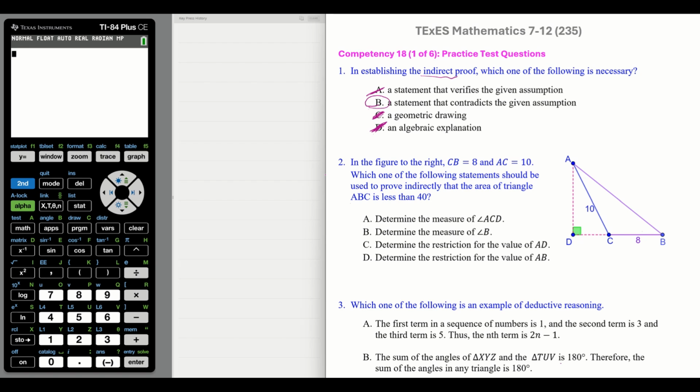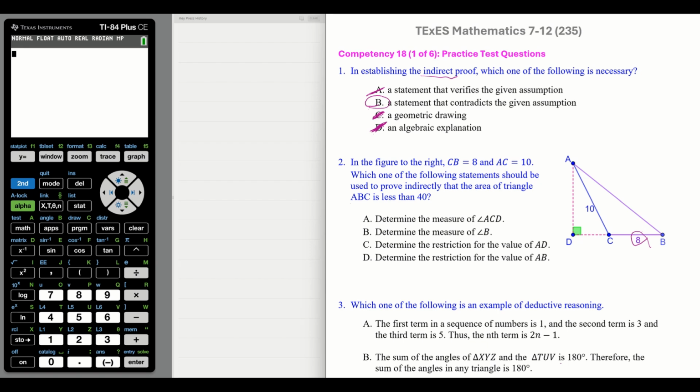In the figure to the right, these triangles, CB equals 8. Okay, it's marked for you. I wouldn't have had to mark that for you. And AC is 10. Marked for you. Which one of the following statements should be used to prove indirectly that the area of the triangle ABC is less than 40?